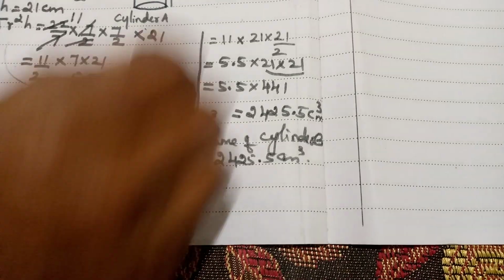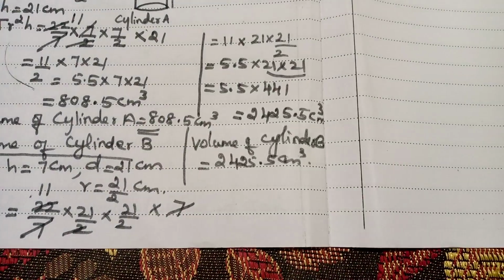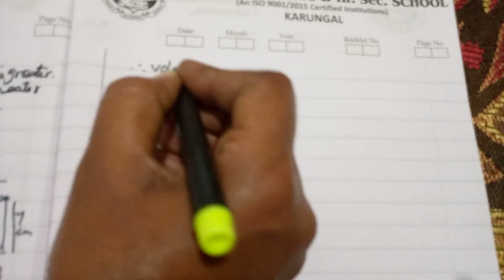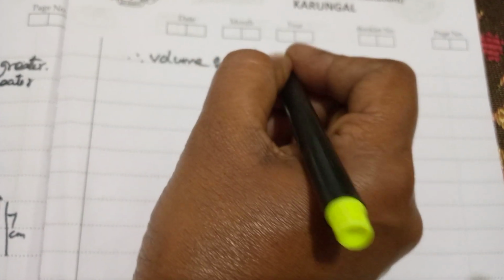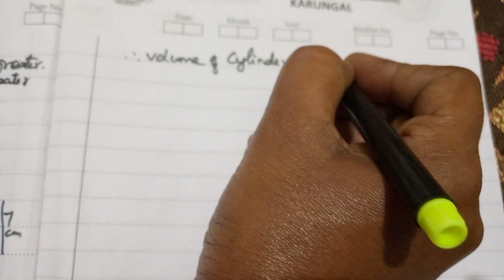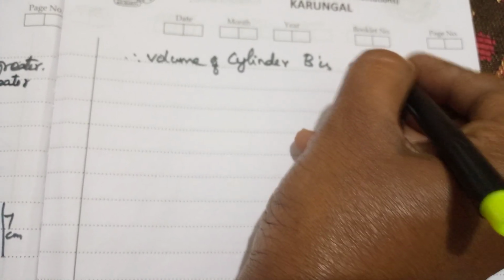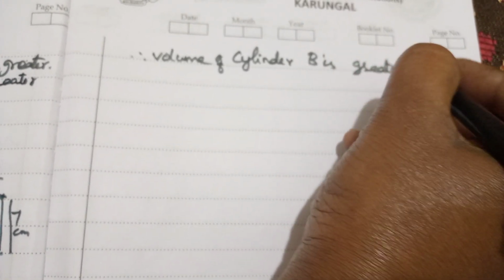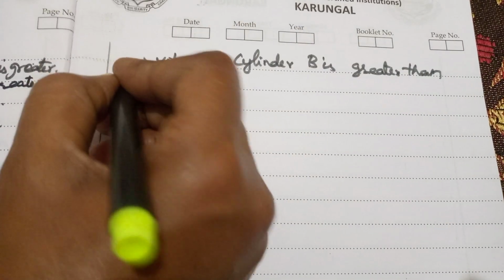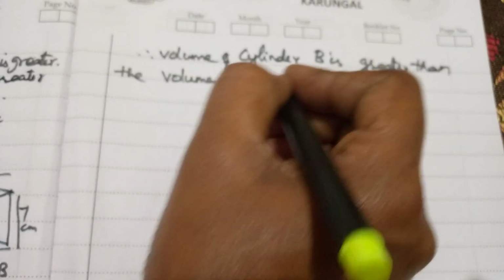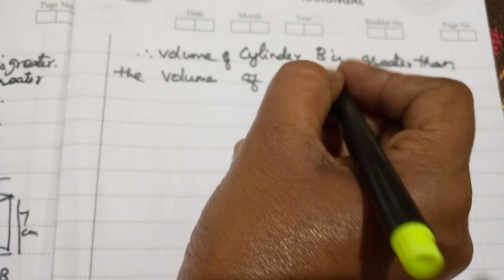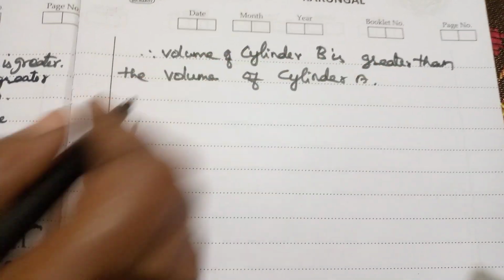B is greater. So therefore, volume of cylinder B is greater than the volume of cylinder A. Okay, first subdivision over.